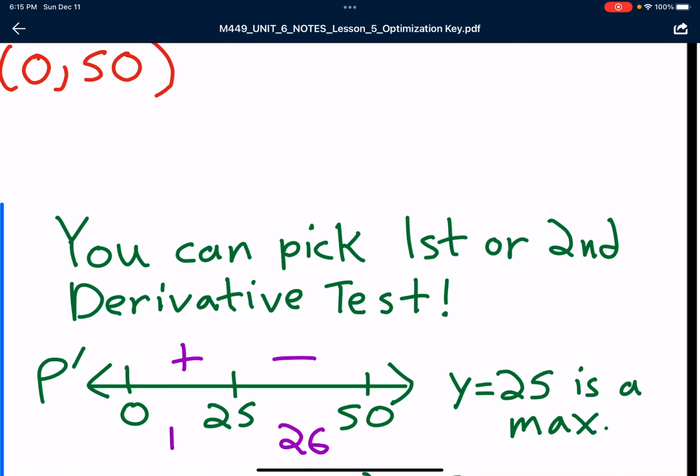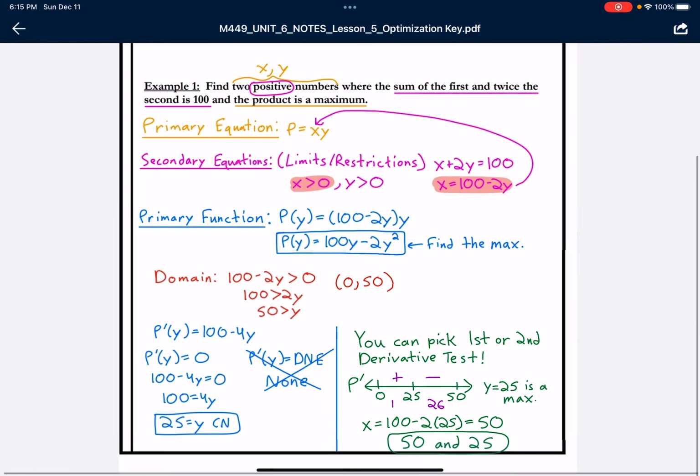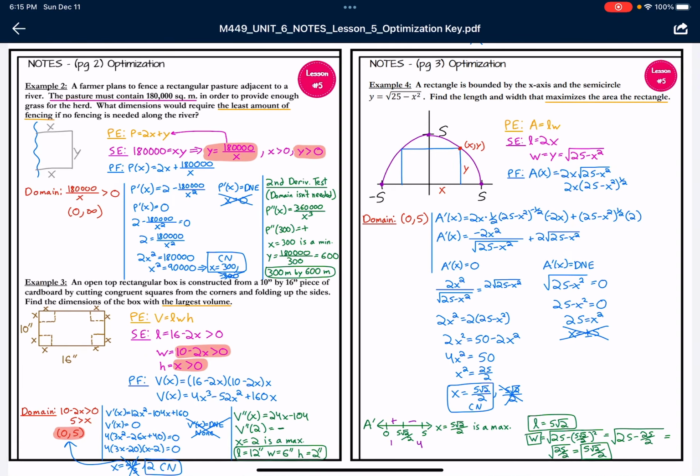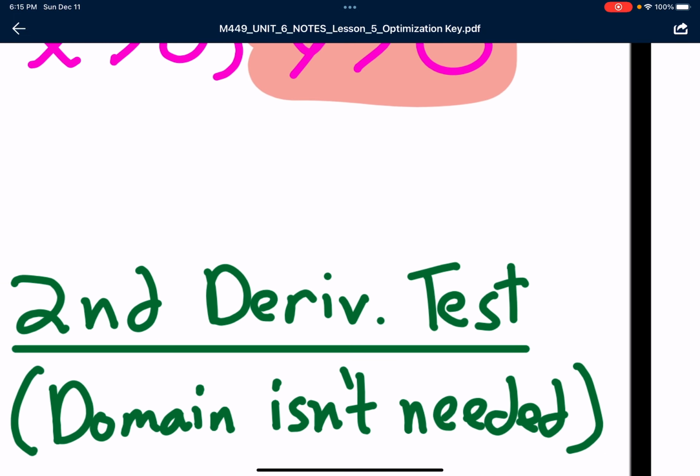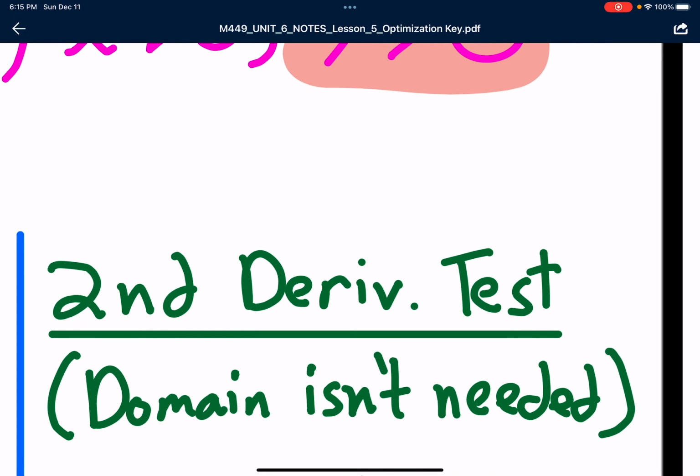We also learned second derivative test in unit 5, and so that's just as viable of an option. So here's the nice thing about picking the second derivative test. You don't have to know what the domain is, right? Now, remember though, the second derivative test can fail, right? And that's when you plug in your critical number into the second derivative and you get 0. Then you have to go first derivative test and you have to know the domain.